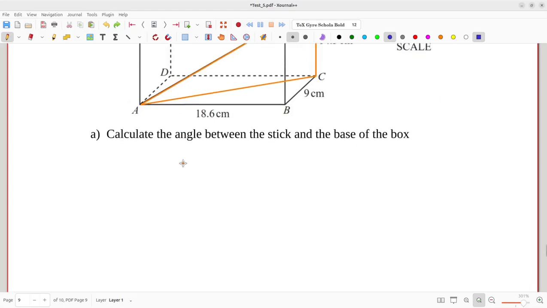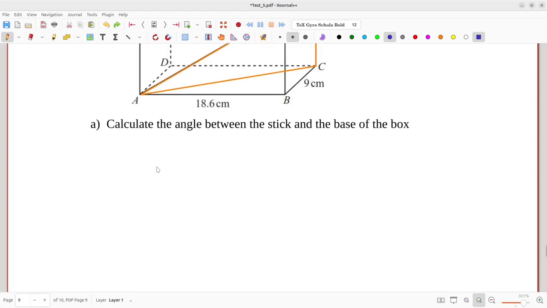Now let's find that. So to find side AC, you are going to use the Pythagoras theorem because you are given two sides and you want a third side in a right angled triangle. So your AC squared is equal to 18.6 squared plus 9 squared.